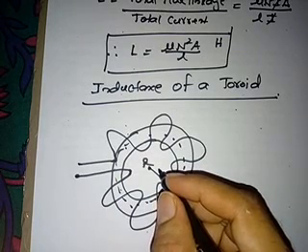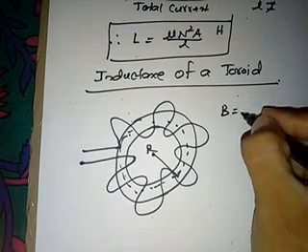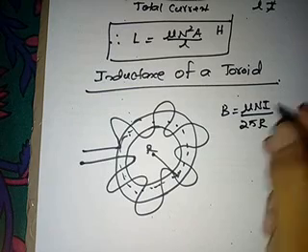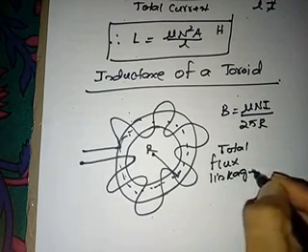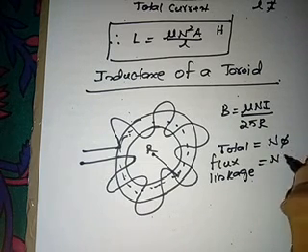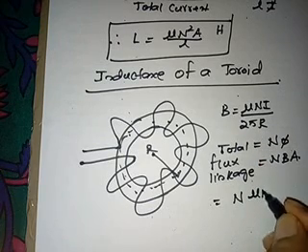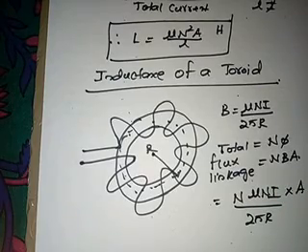We know that the magnetic flux density inside a toroidal ring is given by B is equal to mu Ni divided by 2 pi R. So total flux linkage is given by n into phi, or that phi is B into A, so this is n into B into A. Okay, so this is n, substitute the equation for B, that is mu Ni divided by 2 pi R into A. So the next equation, this will be the expanded form of the equation.